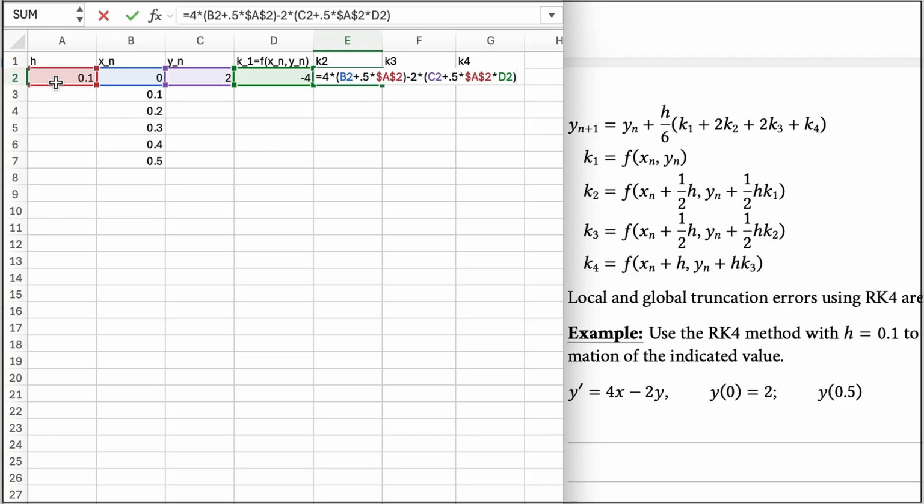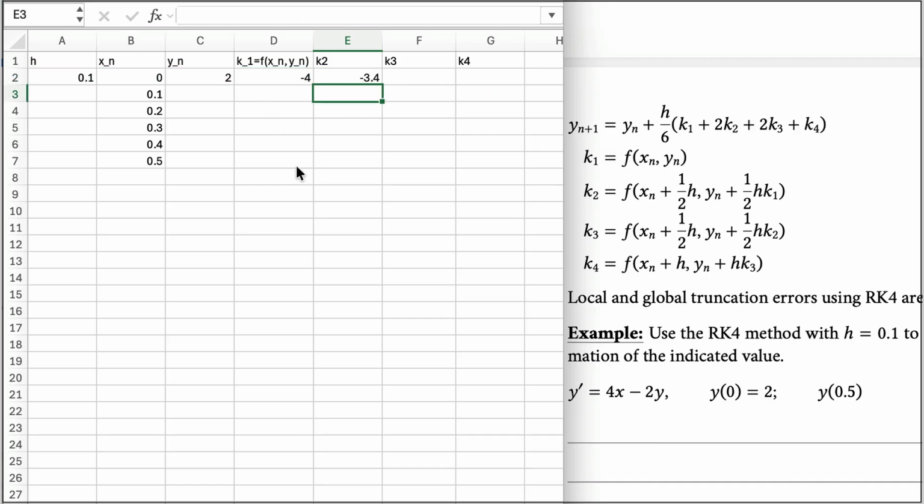And when I'm using h, it's absolute referencing, you note the dollar signs, end parentheses, minus 2 times the quantity of y plus 1/2 times h, absolute referencing, times k1. Get that in there, and then move on to k3. k3 and k4 have similar formulas, so I'm just going to go ahead and fill those in.